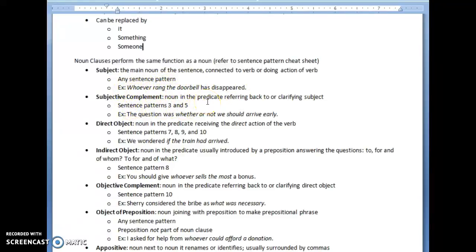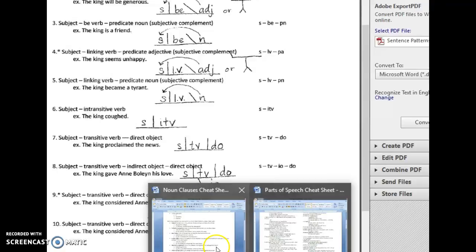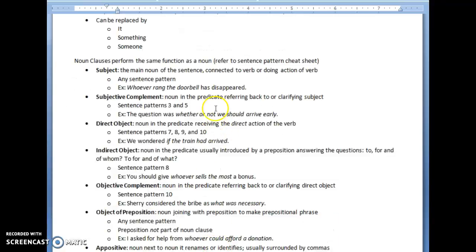The second thing it can function as is a subjective complement, and that's in patterns 3 and 5, where we have that noun at the end of the sentence that is referring back to or clarifying the subject of the sentence. Again, this is kind of technical jargon, but I want you especially to understand the function of what's going on here.